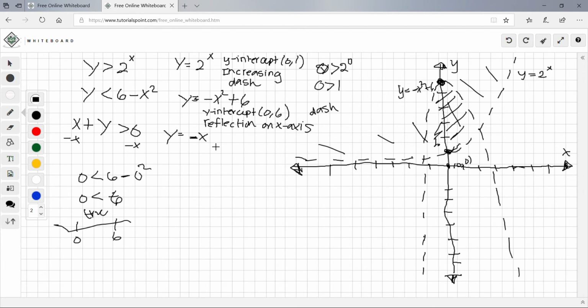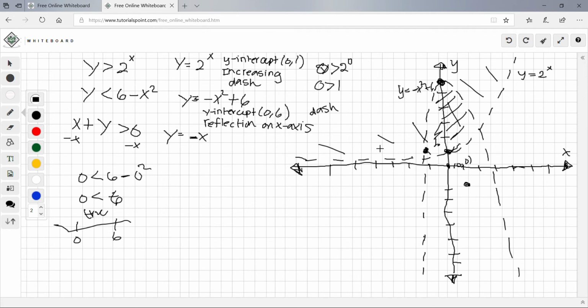Now let's graph the other one. We know how to graph this. It's just a negative slope. It starts at 0, 0. So we could go down 1, right 1, down 1, right 1, or up 1, left 1, up 1, left 1.